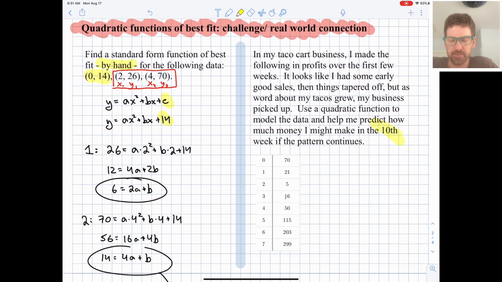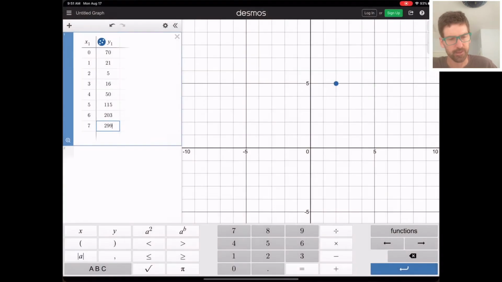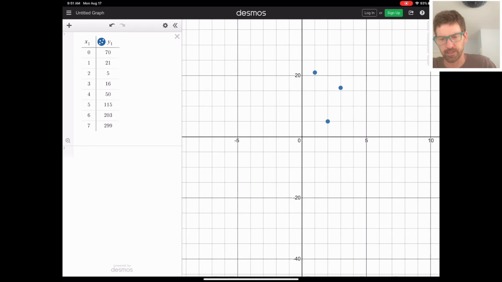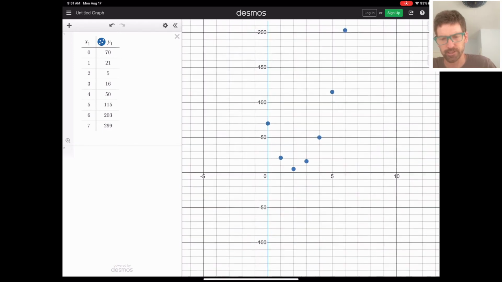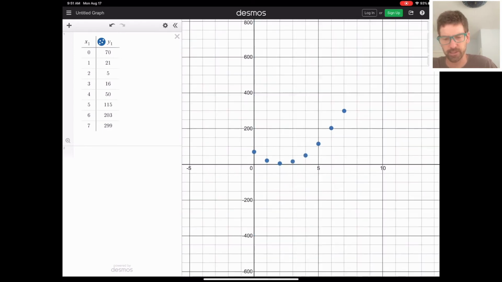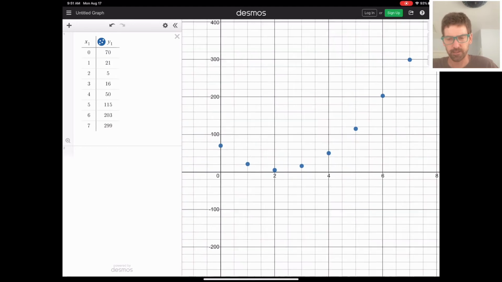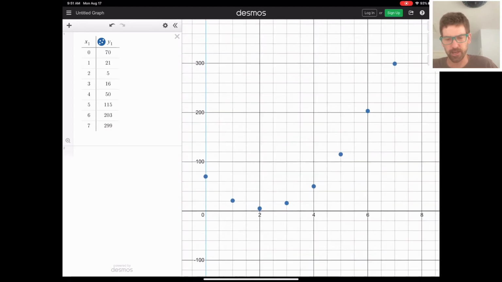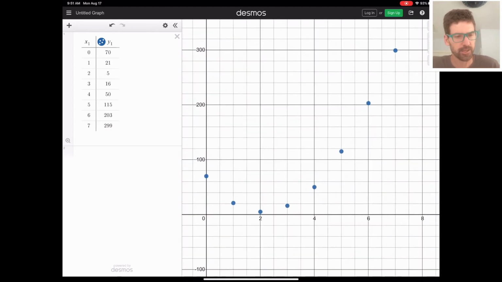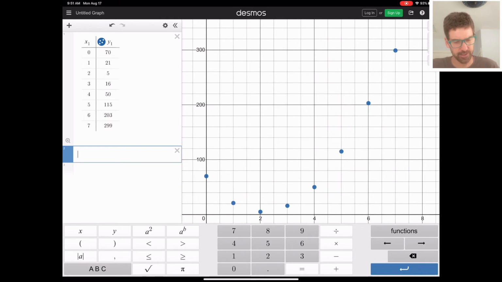Okay, so we need to go to Desmos on this. I've already entered the data into a table over on Desmos, so let's head there. You can see my data entered on the left. I need to find an appropriate scale here. It looks like things are nicely quadratic, nicely parabolic here. So we can go to our standard form best fit function.